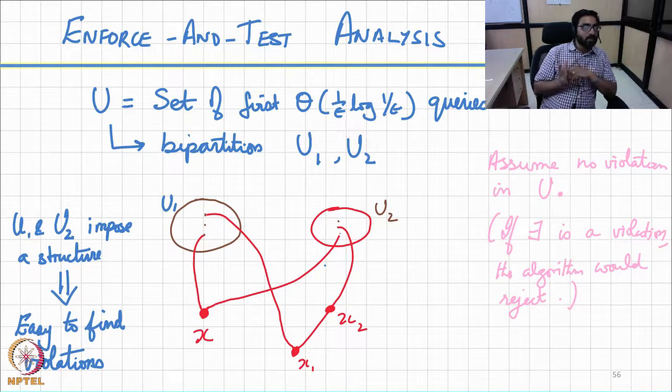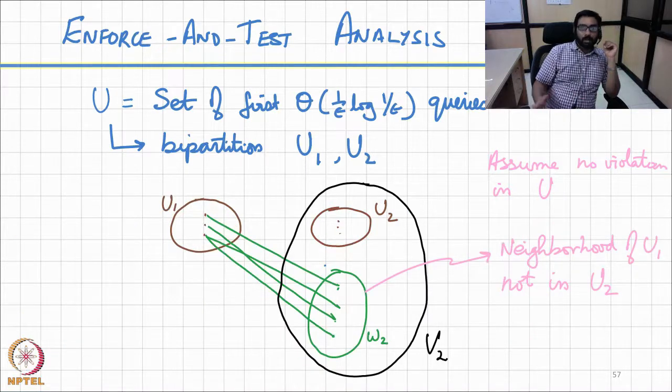There's now a second way to find a violation. You find an edge x1, x2, but x1 happens to be a neighbor of some vertex in U1, and x2 happens to be a neighbor of some vertex in U2, and this again would be a violation. So our goal with the rest of the queries is to be able to find one such violation. Okay. And remember, U1 and U2 create a structure.